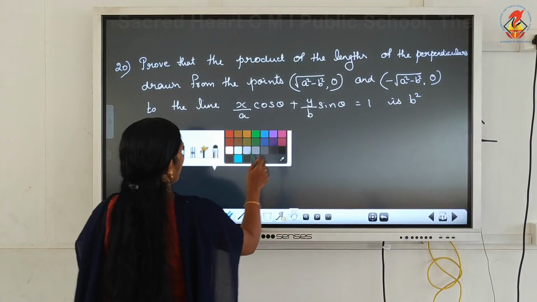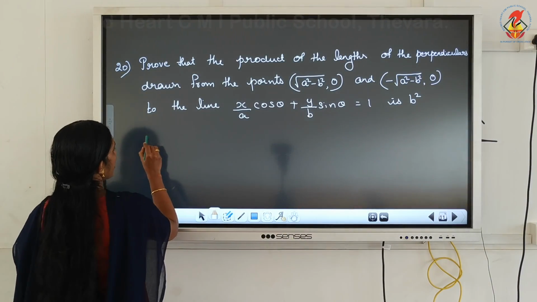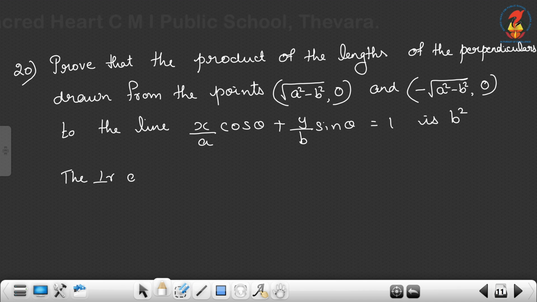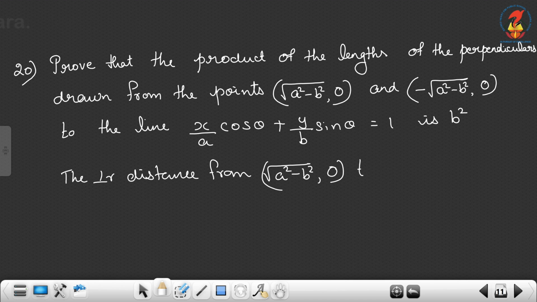So first we can write the perpendicular distance from the point (root of a square minus b square, 0) to the line x/(a cos theta) + y/(b sin theta) = 1.